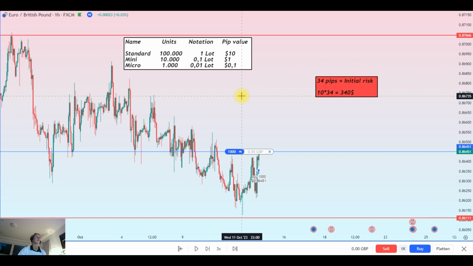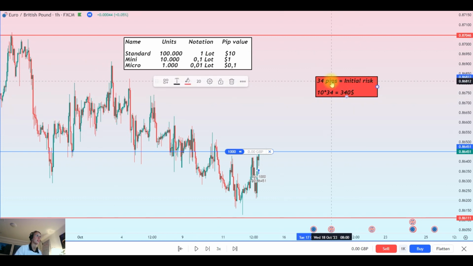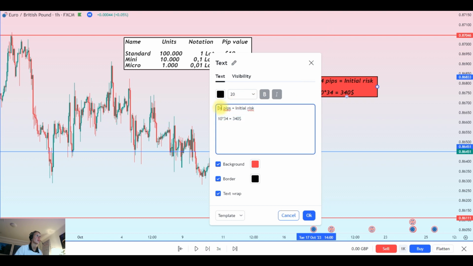So the last question we have: what account size would we trade this with? For example, let's say we are risking $340.